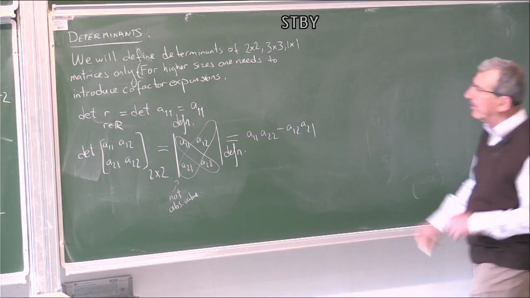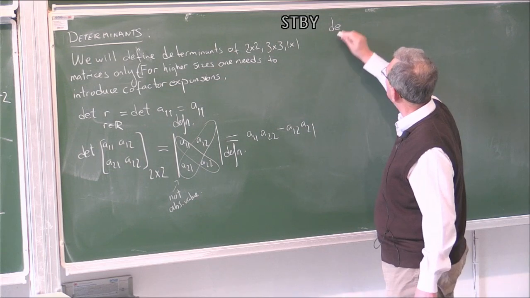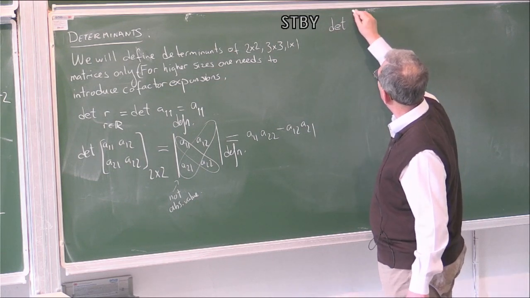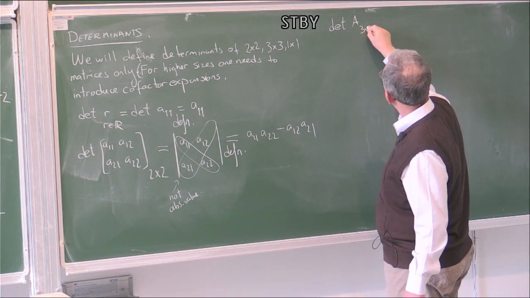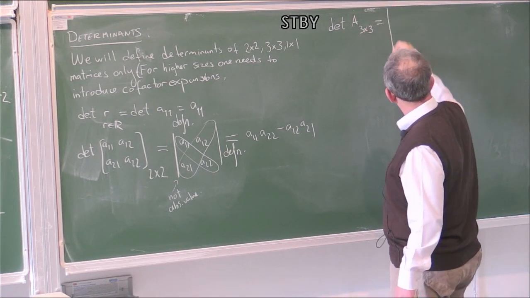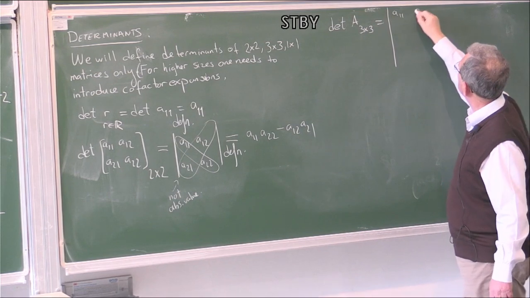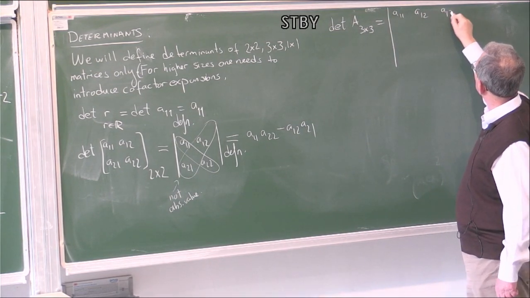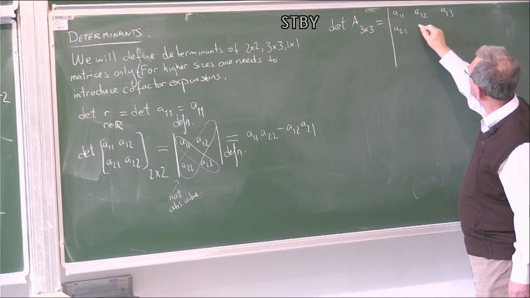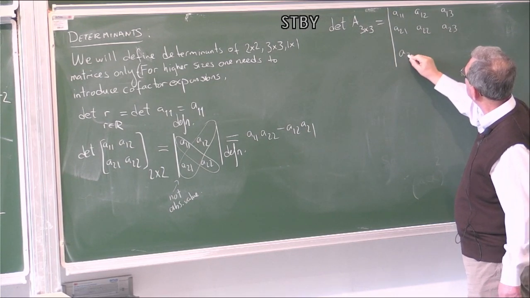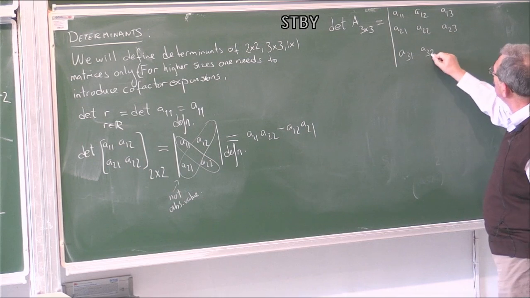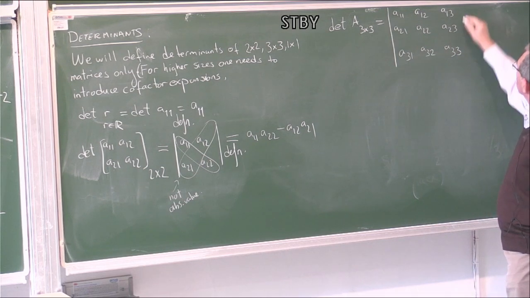Now the same argument works for a matrix which is 3 by 3, say A11, A12, A13, A21, A22, A23, A31, A32, A33.